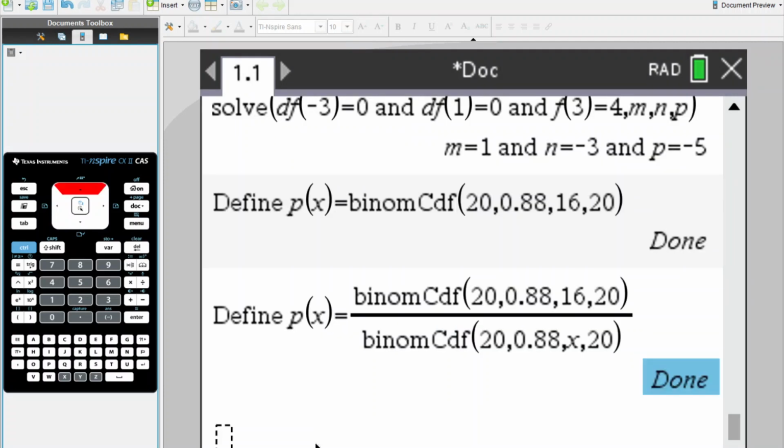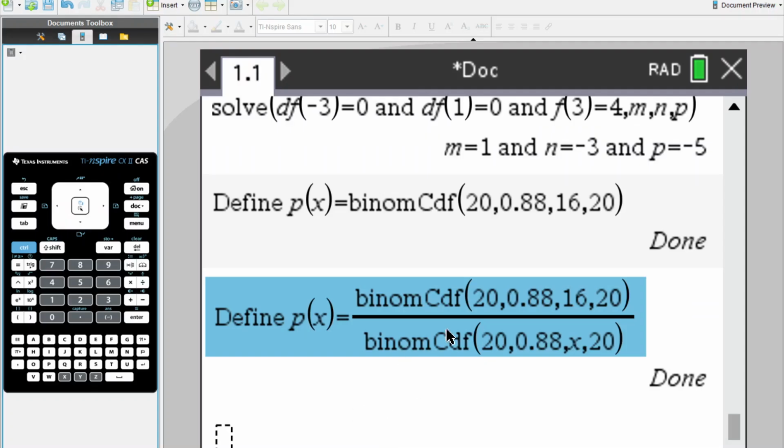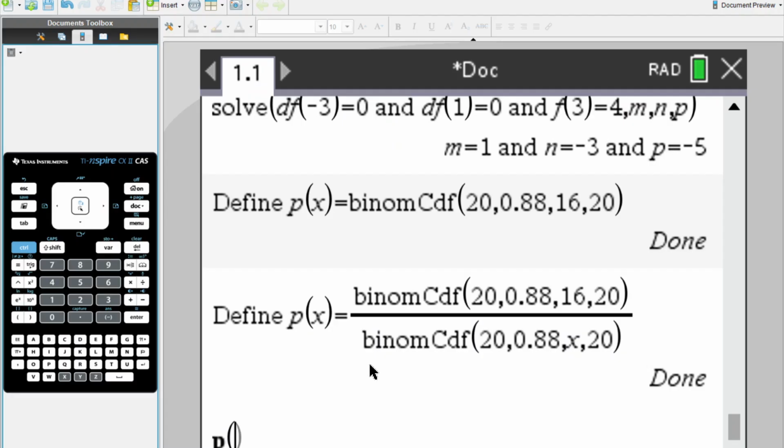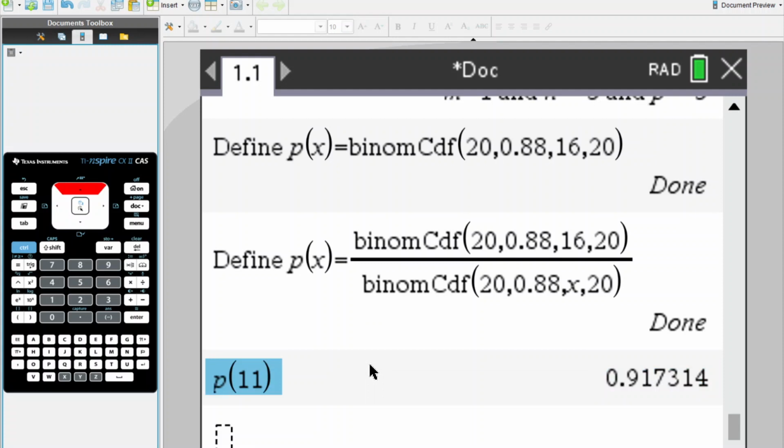Okay, so if we do that, here's our function p of x. This is basically the function we just wrote down. And what I'll do is I'll just do p of 11, 12, 13, 14, 15. You can evaluate p of 11, p of 12, and so on. But if you want to evaluate multiple values, you can use a list: 11, 12, 13, 14, 15.